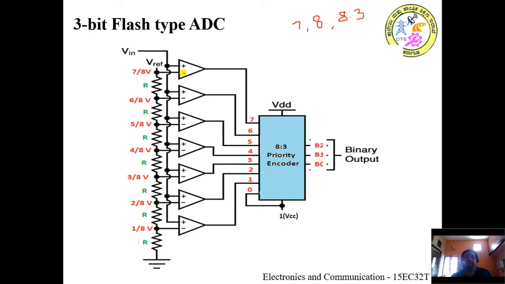And for the non-inverting terminal, the analog voltage, which is to be converted into digital form, is provided as the input in all comparators. The outputs of all these comparators are provided as input to an 8:3 priority encoder, and the priority encoder is going to provide an output which is represented in the binary form on the bit lines B2, B1 and B0.